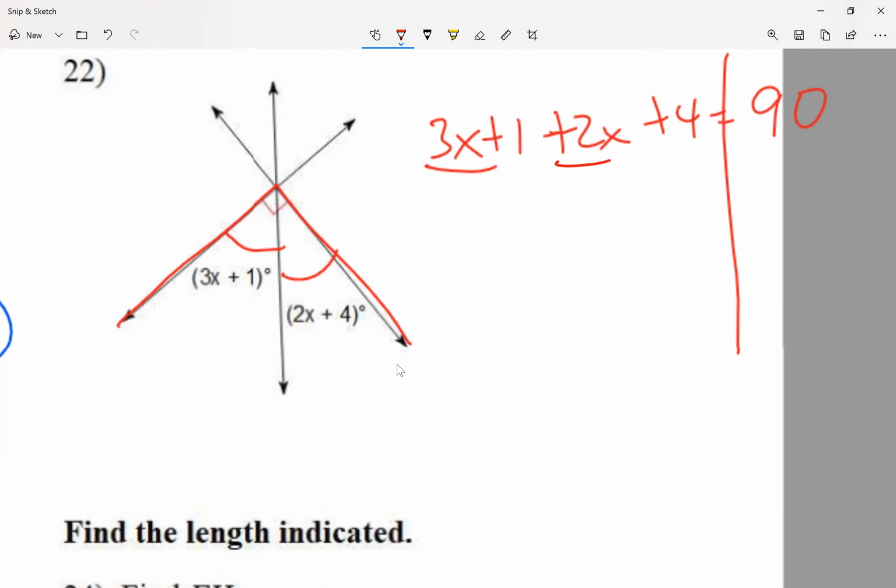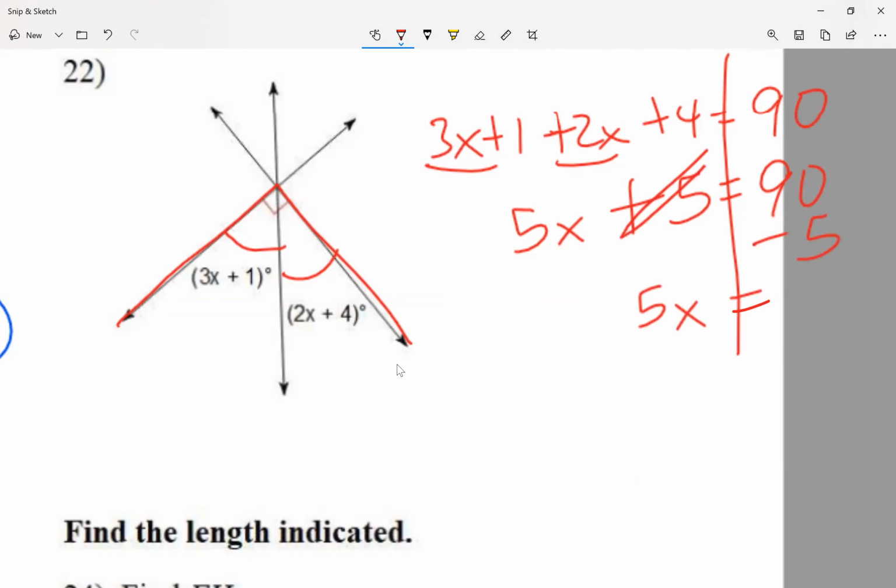When I combine like terms, 3x plus 2x, call that 5x. Then 1 plus 4, let me call that 5. And all this is equal to 90. Want to have x by itself, so the plus 5, let me move it over as a minus 5. So I get that 5x is equal to 85.